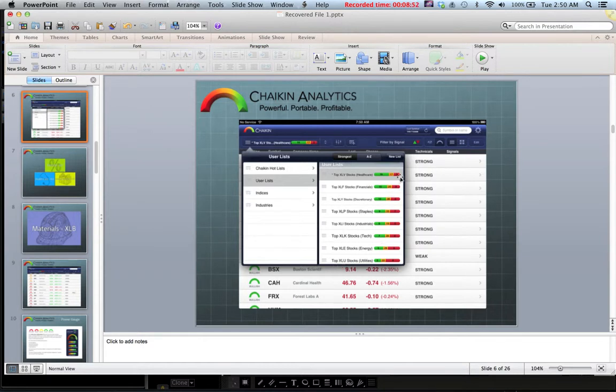And that's really interesting because remember, the way this works is that Chaikin Analytics looks at things at the stock level. There's a 20-factor stock analysis power gauge rating that determines whether a stock is green, yellow, or red. We'll get into that in a second. And then it ranks those stocks essentially from strongest to weakest within each watch list, and then it will tell you how your watch lists are doing relative to one another.